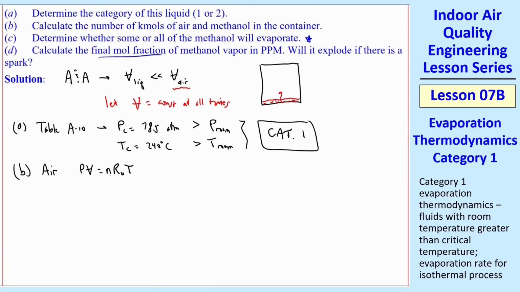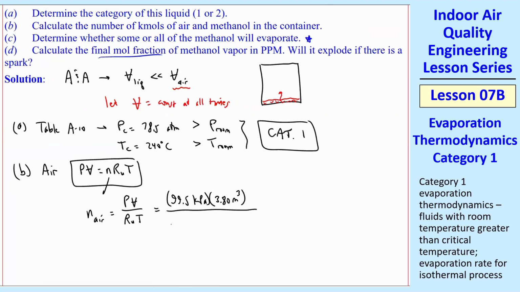For the air, let's use the ideal gas law, PV equals nRuT, to calculate n air, PV over RuT. So let's just plug in the numbers, watch your units, 99.5 kPa times 3.80 meter cubed over universal gas constant, 8.314 kilojoule per kilomole K. And then T I converted to K, don't make that mistake.